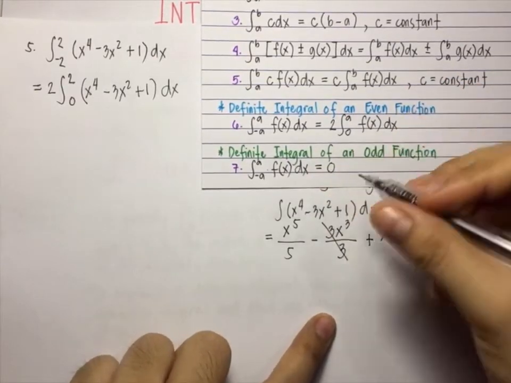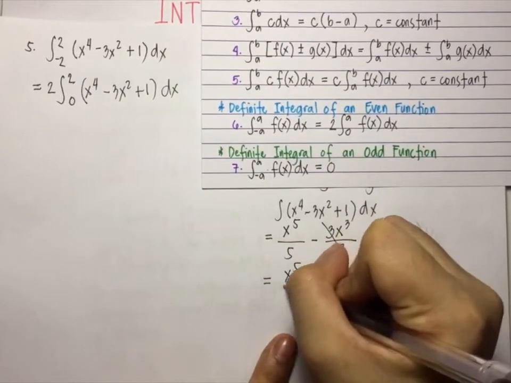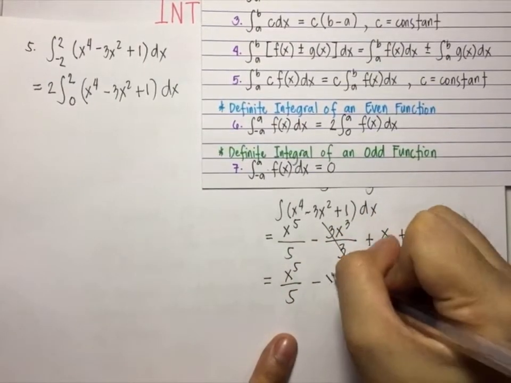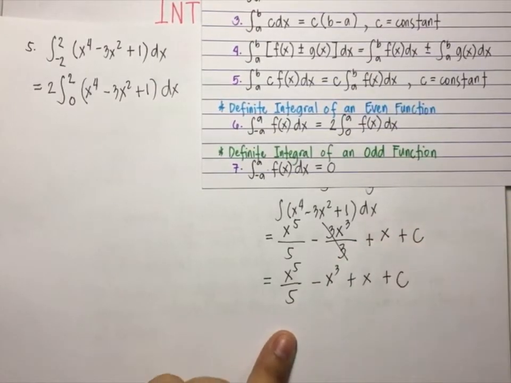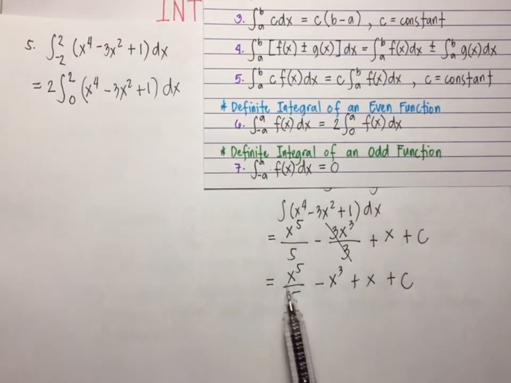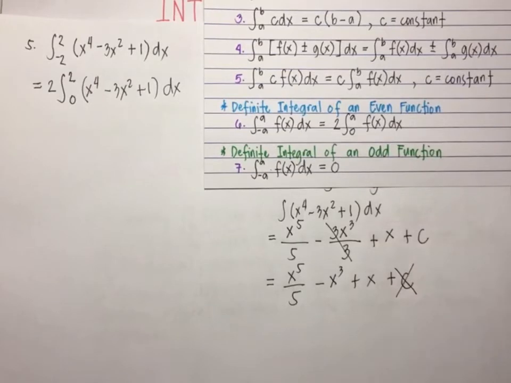We cross out 3. That's why the integral is x raised to 5 over 5 minus x cubed plus x plus c. Then, we copy x raised to 5 over 5 minus x cubed plus x, omitting c, since c is not important in evaluating the definite integral.